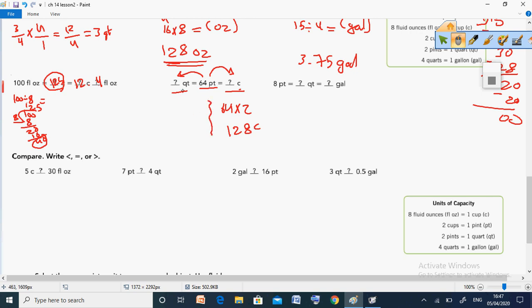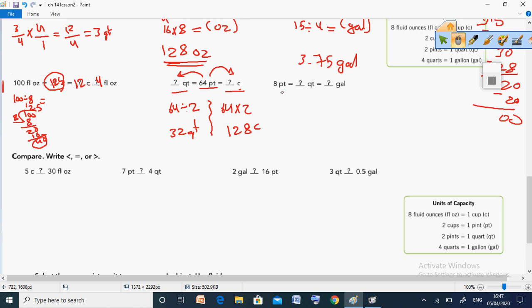And here, 64 pints to quarts, we have to divide. 64 divided by 2, it becomes 32 quarts. Okay? Look here, because from smaller to bigger, we have to divide, and from bigger to smaller, we have to multiply here.